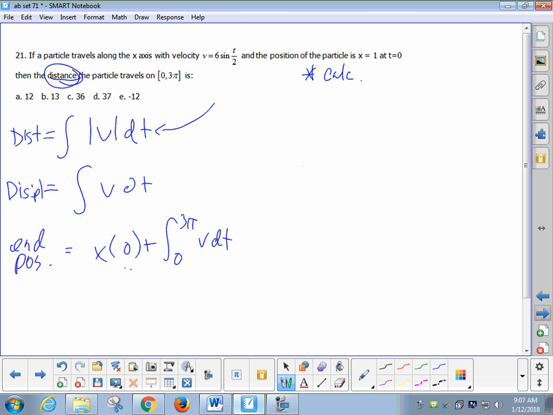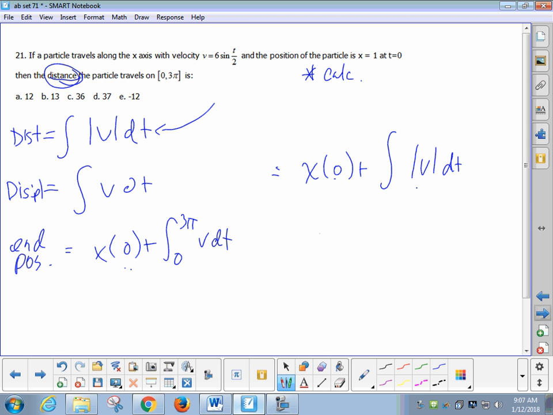I had some people do this. Well, I know its distance is absolute value, so I'm going to take your position plus your distance. Now, what does that give you? Good silence. It gives you absolutely nothing. It means nothing. Okay? If I say, hey, I'm starting here on the number line at 1, and then my distance is, I went forward 3 and then backward 3.